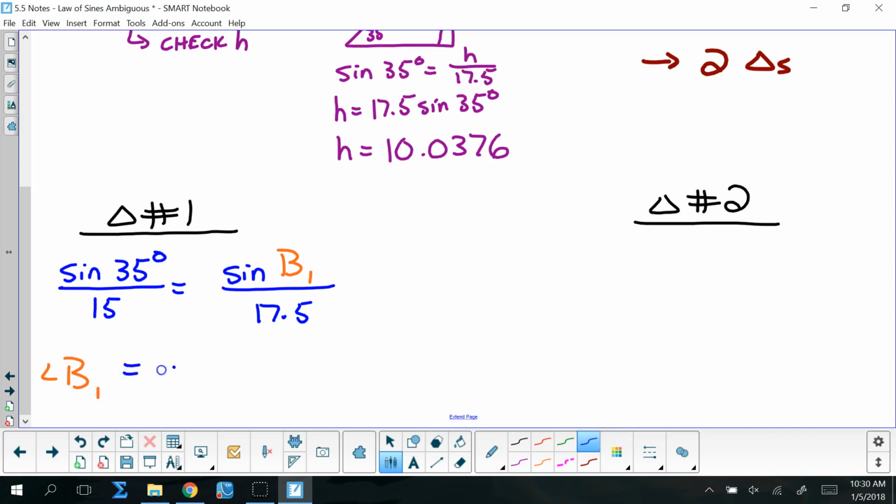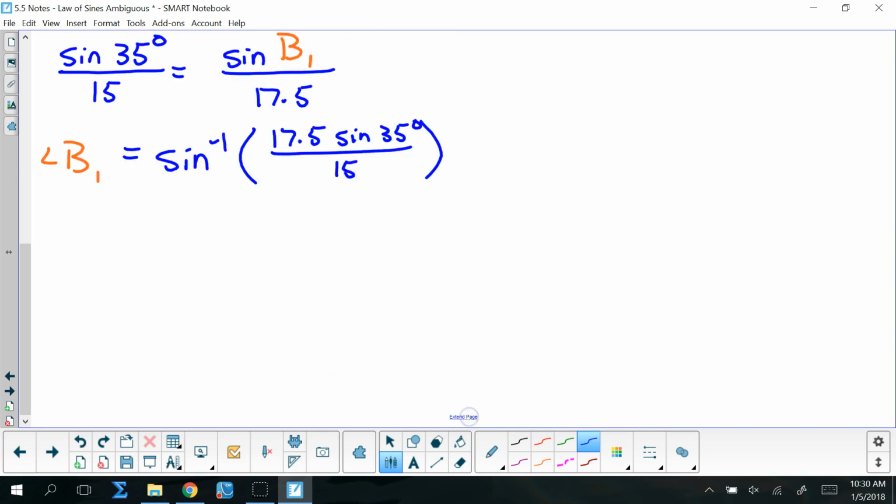Angle B sub 1 is going to end up being the inverse sine, because I'm going to have to find an angle, of 17.5 times the sine of 35 degrees all over 15, which gives me angle B sub 1 as 42.0032 degrees.